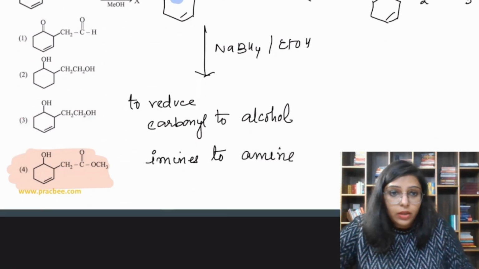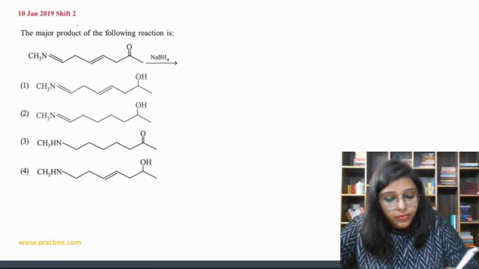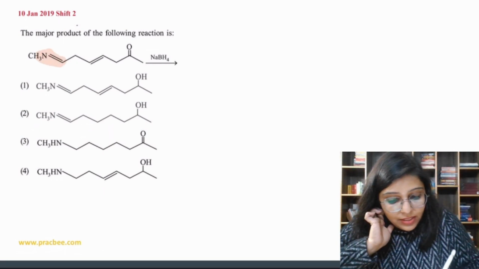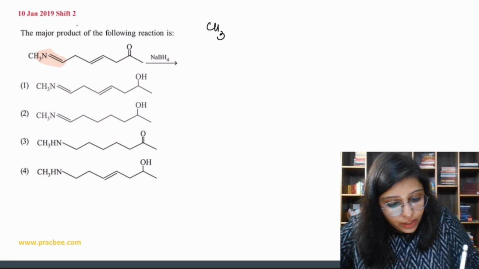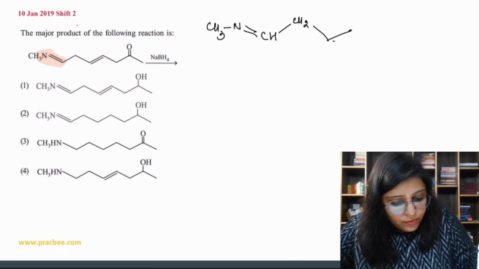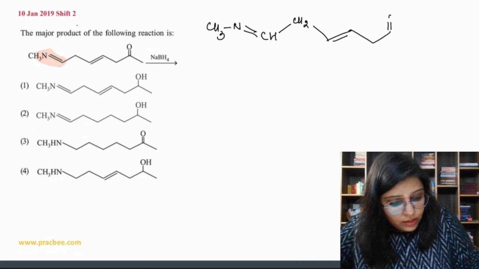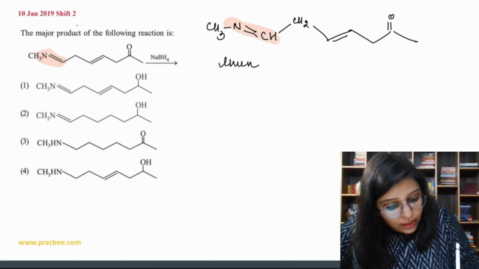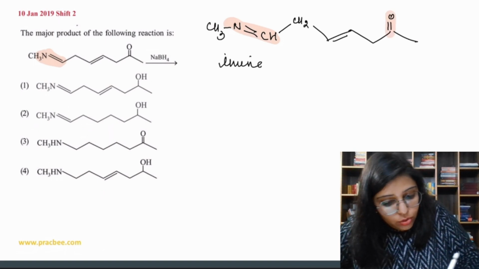Clear? Now, next question, we have this and NaBH4. So see, this is an imine, CH3 and double bond C H, then CH2 like this. Further, this is a ketone. So this part is imine and this part is ketone.